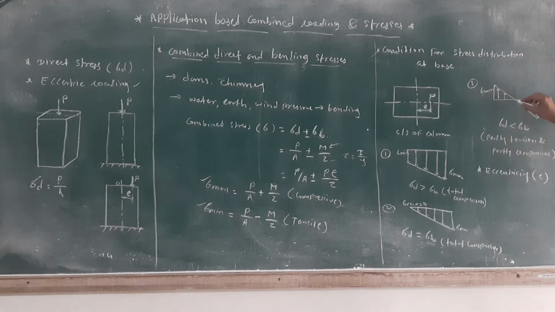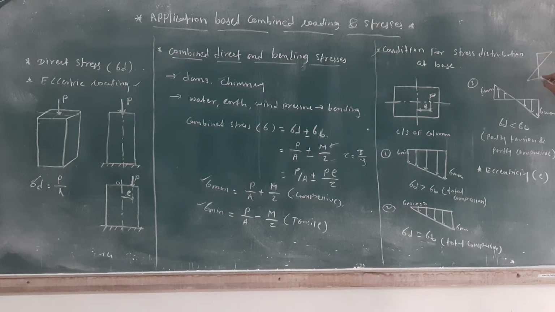If you look at this diagram, then you will understand. In this way, we have seen the stress distribution diagram. Above the neutral axis and below the neutral axis, here you will get the tension, and here you will get the compression.